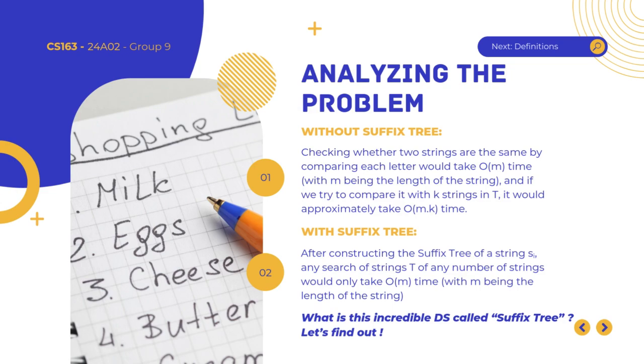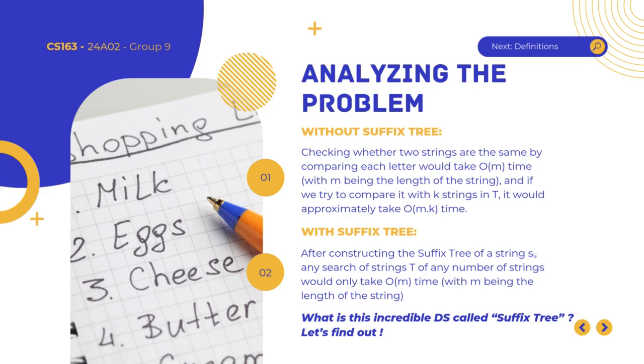So let's analyze the problem. What makes our grocery list problem so slow? Without a better method, we have to read through each word letter by letter.